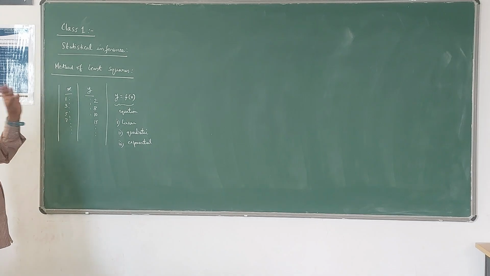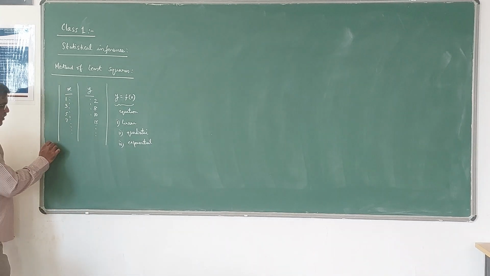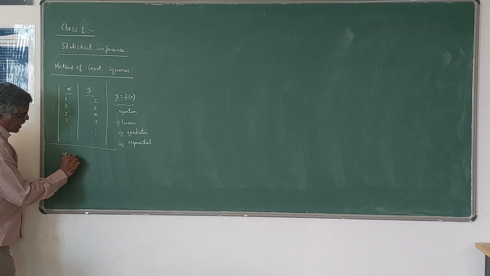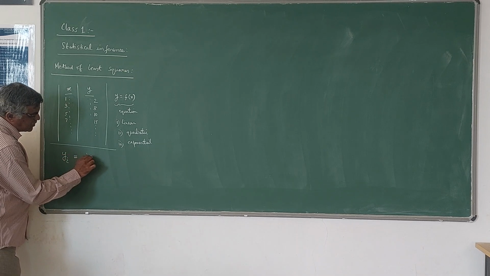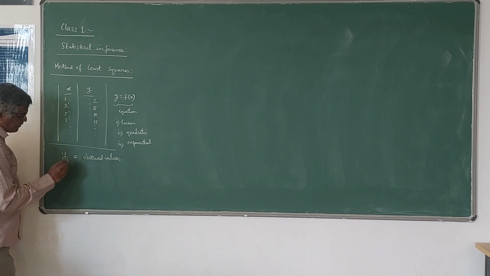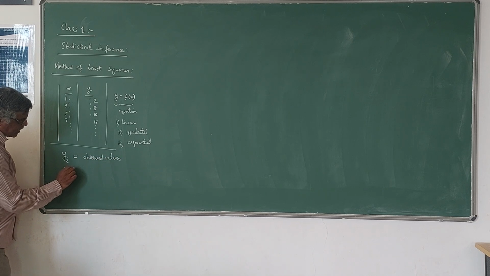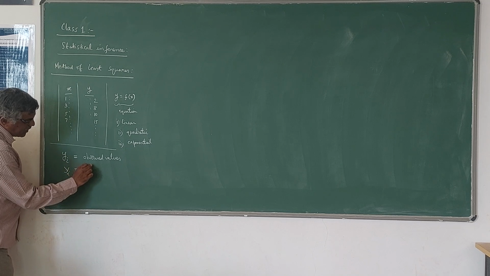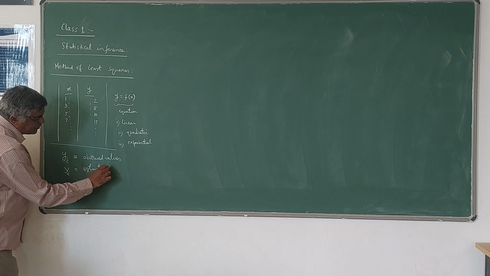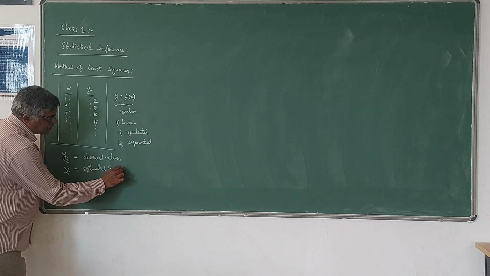So the concept of least squares says, suppose yi are the observed values in any phenomena, and capital Yi are the estimated or expected values.